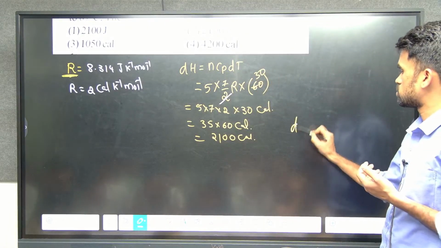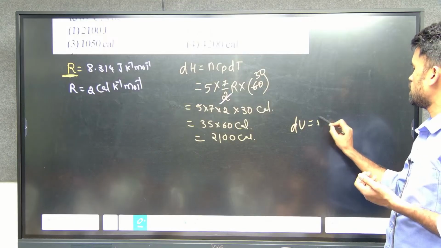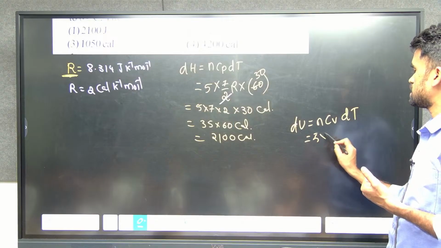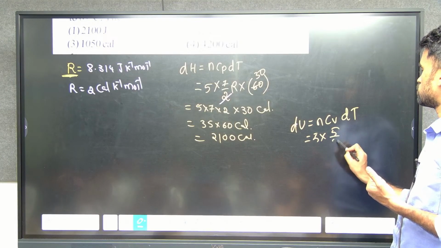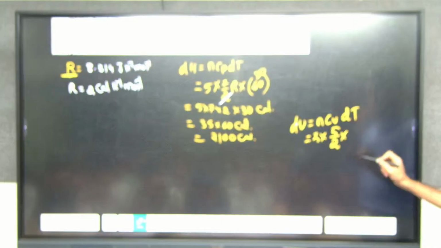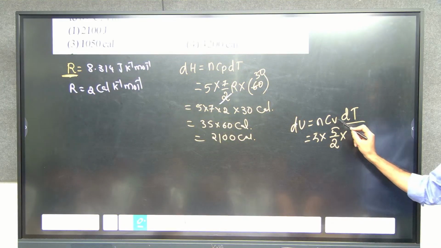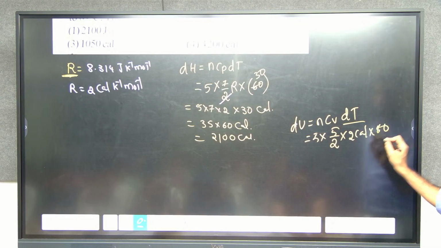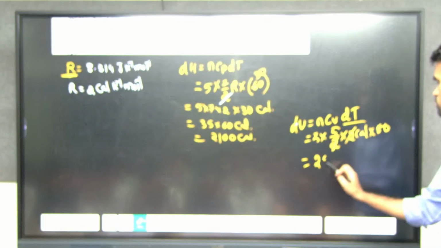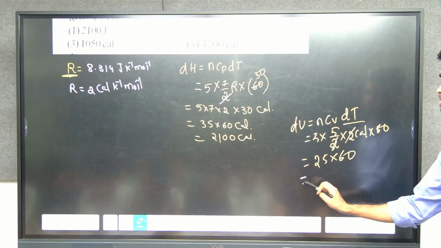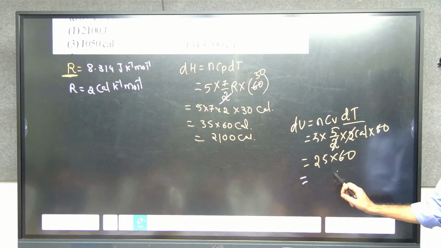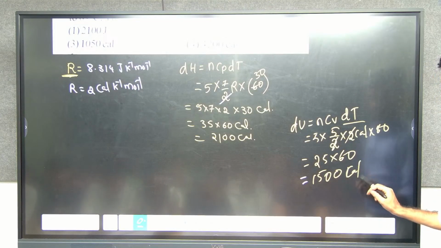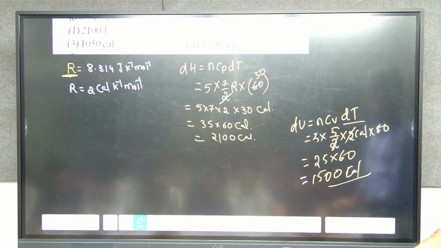So dU equals n Cv dT. n is 5, Cv is 5 by 2 R, and R value, 2 calories let us take, into 60. 25 into 60. How much is it? Calories. Okay, done.